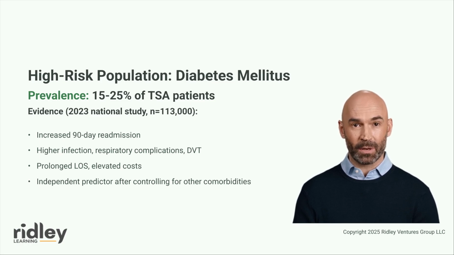A 2023 national readmission study of over 113,000 shoulder arthroplasty patients found that diabetes was associated with significantly increased risk for 90-day readmission, postoperative infection, respiratory complications, and deep vein thrombosis. These elevated risks persist even after controlling for other comorbidities and patient demographic factors, underscoring that diabetes represents an independent predictor of adverse outcomes.